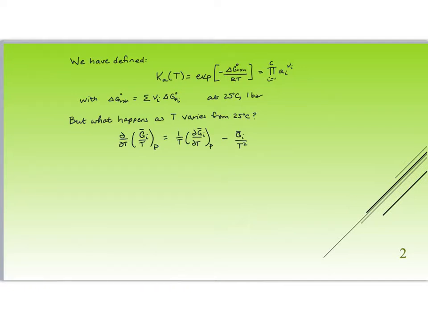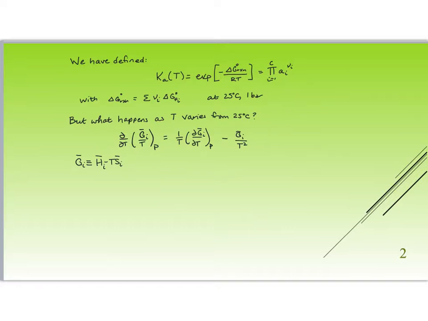Okay, so far so good. But now remember, we have these definitions, and by definition, G is H minus TS. And I can do this lots of different ways, but since I'm working with the partial molar quantities, I can write it in terms of the partial molar quantities.